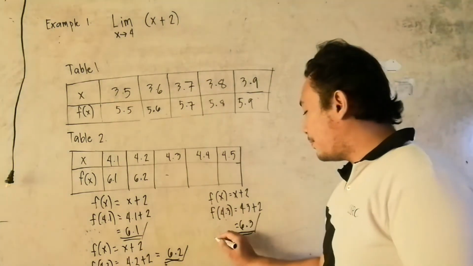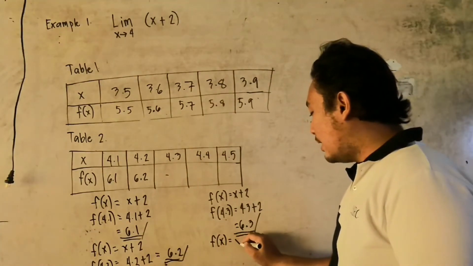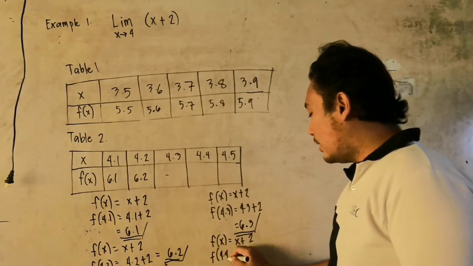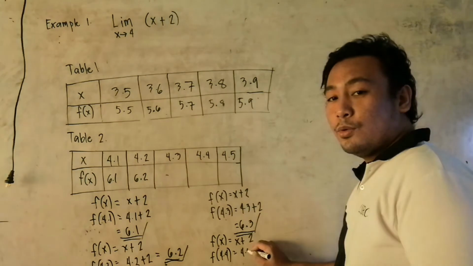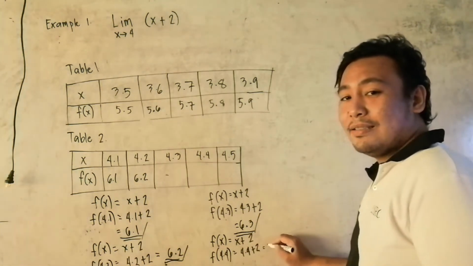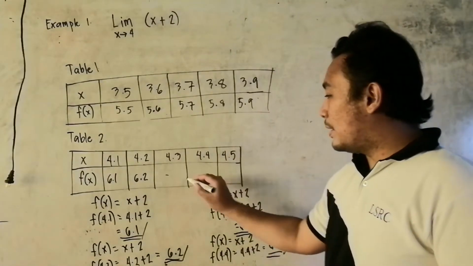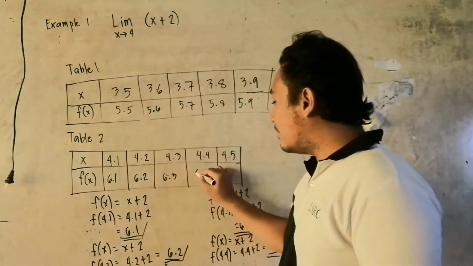So next, f of x is equal to x plus 2. F of 4.4 is equal to 4.4 plus 2, and this is equal to 6.4. So we have 6.3 and we have 6.4.